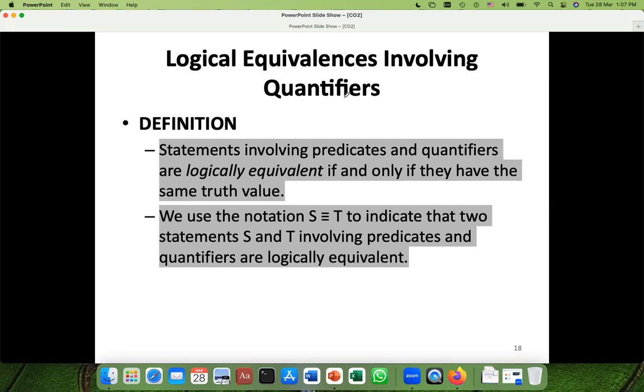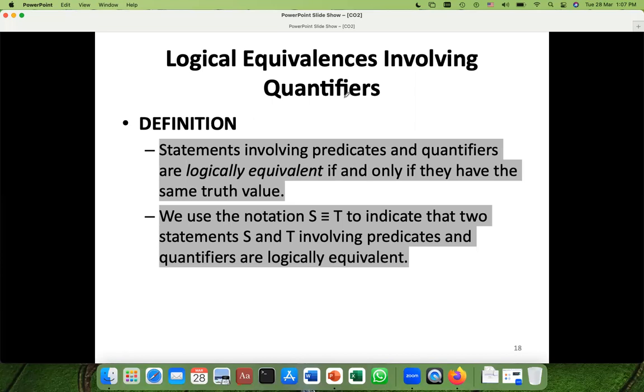First, you can calculate the truth tables of those two propositions, and if the resultant values are similar, then those compound propositions are logically equivalent to each other.